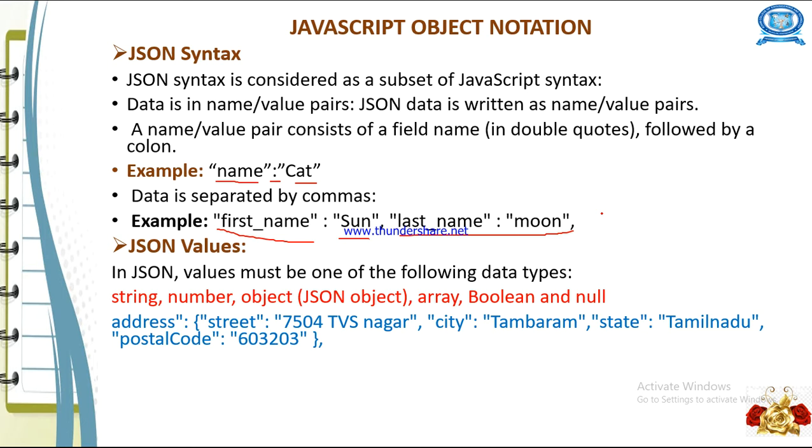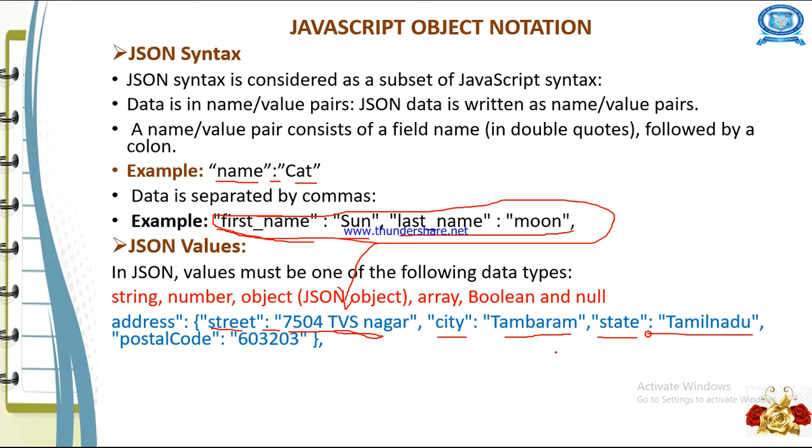Within double quotation, we have street, colon, and this is a number. Next, comma, city, double quotation, colon, Tambaram, state, colon, Tamil Nadu, postal code, colon, postal number. So those are some examples.